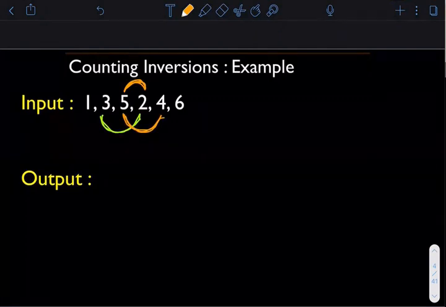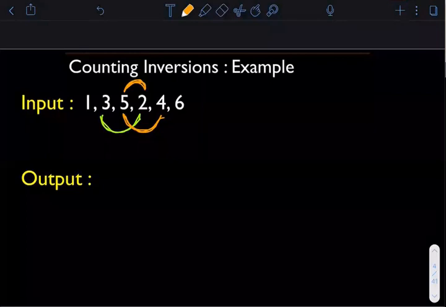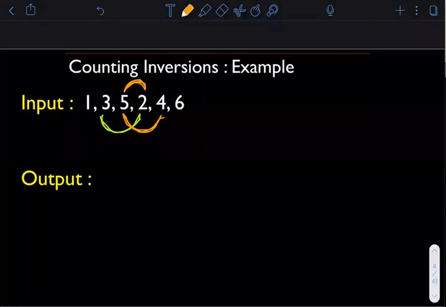Okay, 2 is taking part in only 1 inversion, but we have already accounted for the inversion 3, 2 or 2, 3, if you want to look at it like that. 4 is also part of an inversion, which is 5, 4, which we have already counted, right? And 6 is not again taking part in any inversion. Okay, so the total number of inversions in this case is 3.